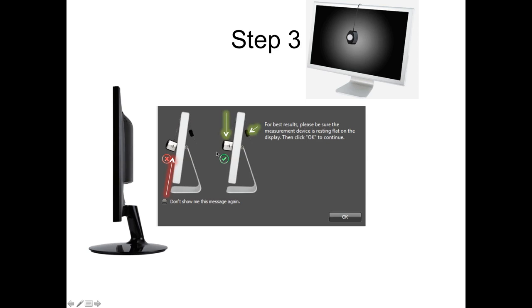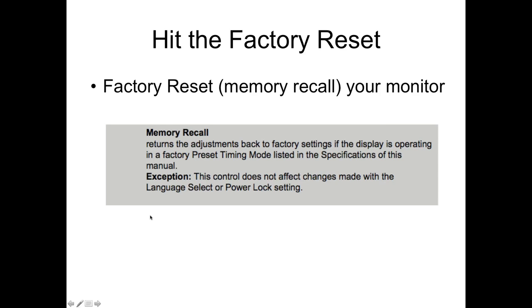While you're setting things up on the monitor, there are a few buttons in the front where you can get to a menu to interact with the monitor. And on that menu, it looks like a recycling symbol, and it's labeled memory recall. So you want to go down to the memory recall button and select that. So that just factory resets your monitor.